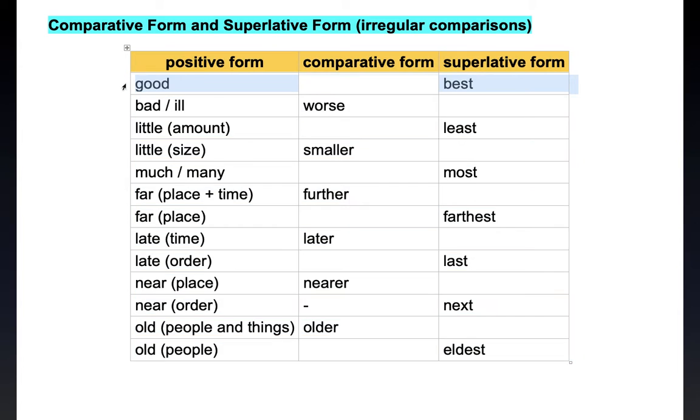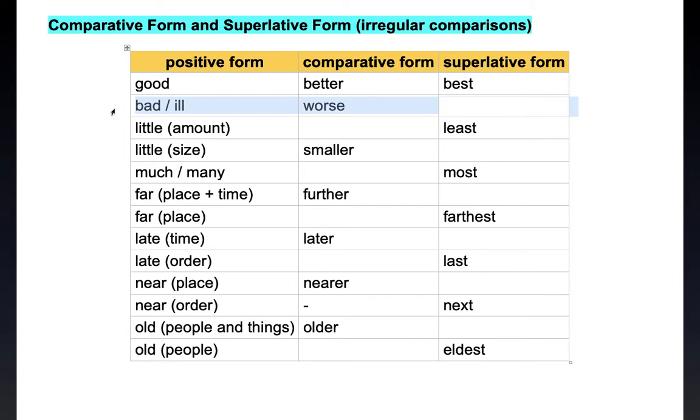For example, good, bueno. Usted decir, la papaya es más buena que el mango. You say better. Deben de utilizar better. Y para decir la papaya es la más buena, you say the best. The papaya is the best. La papaya es la mejor.